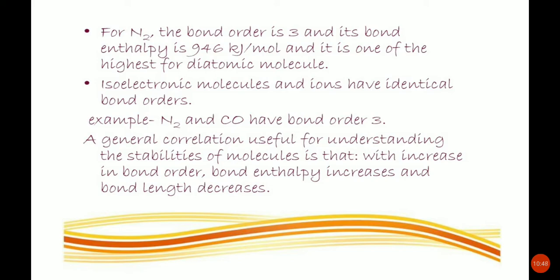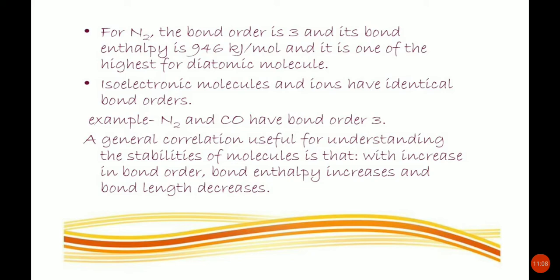So in nitrogen there is a triple bond. And isoelectronic molecules and ions have identical bond orders. Isoelectronic means the number of electrons are the same or equal. Such species are known as isoelectronic species.